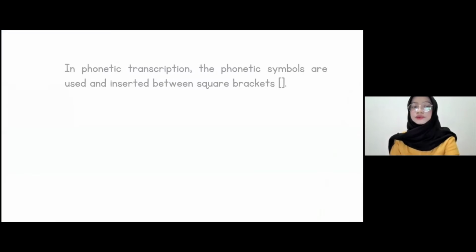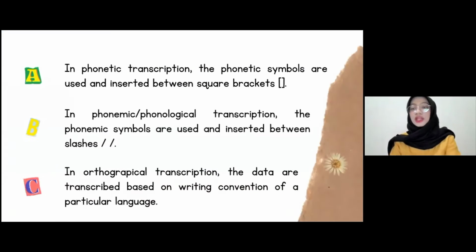Okay, in phonetic transcription, the phonetic symbols are used and inserted between square brackets. The phonetic symbols used are the International Phonetic Alphabet, or IPA, modified by the International Phonetic Association, which was founded in 1886.